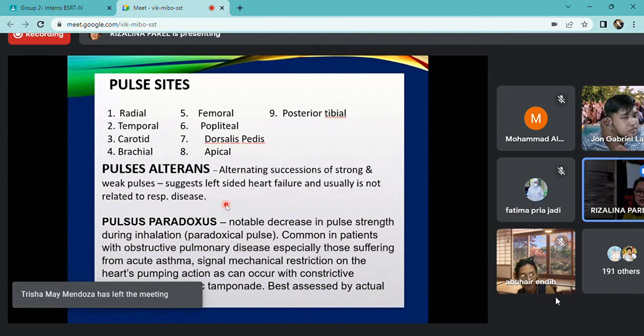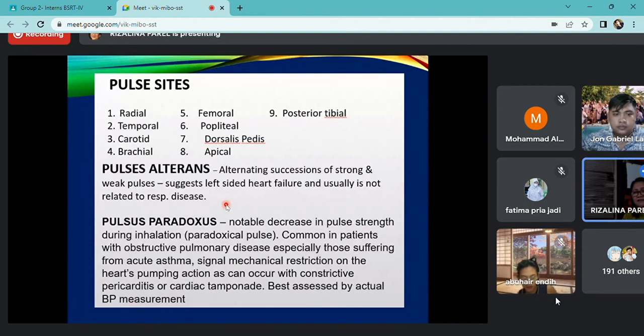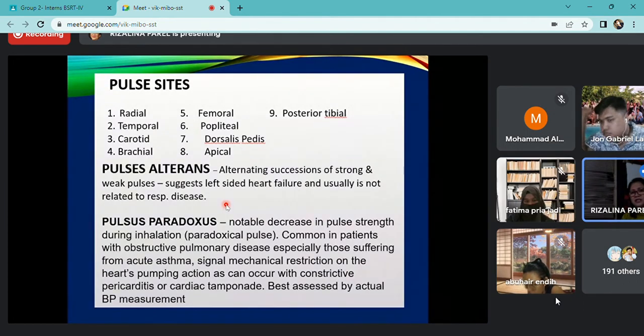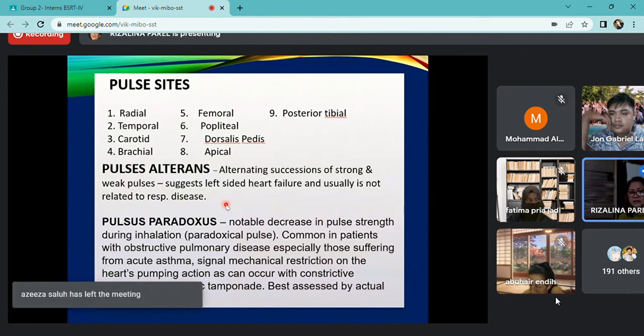So those with left side heart failure, yan, meron siyang pulsus alterans. Alternating succession of strong and weak pulses suggests left-sided heart failure and usually is not related to respiratory disease or ito ay hindi affected ng respiratory conditions.